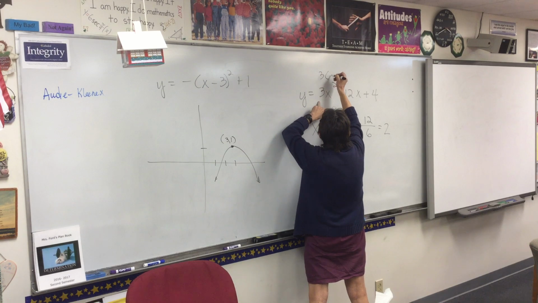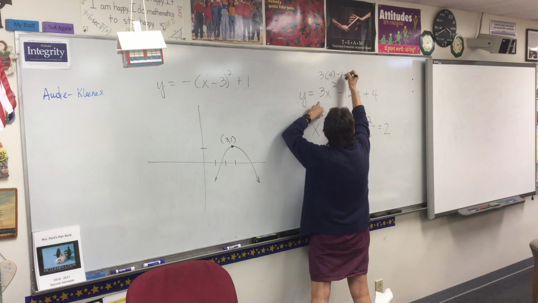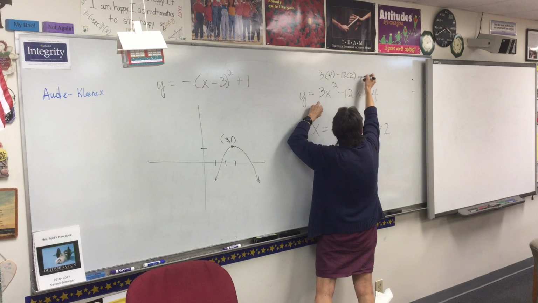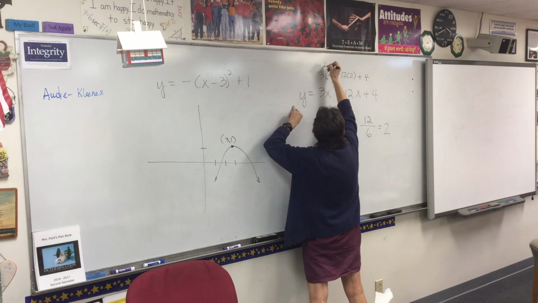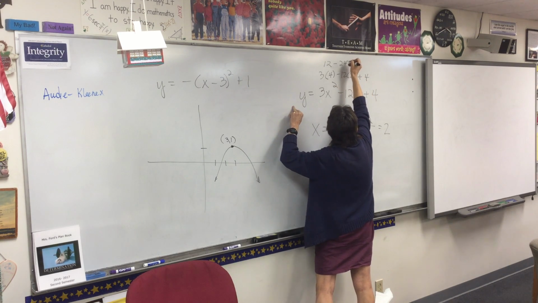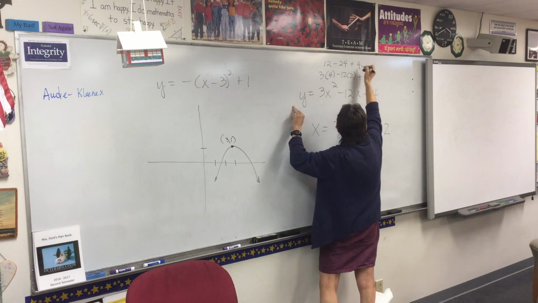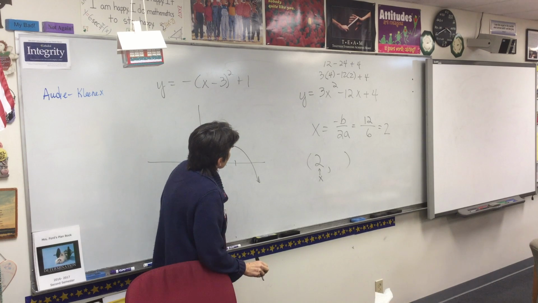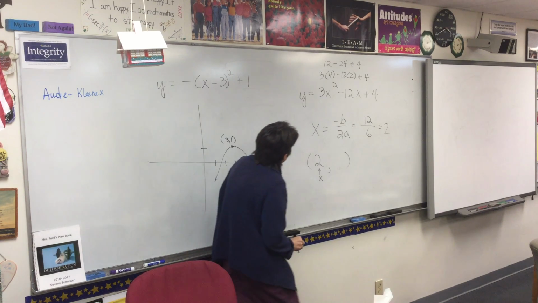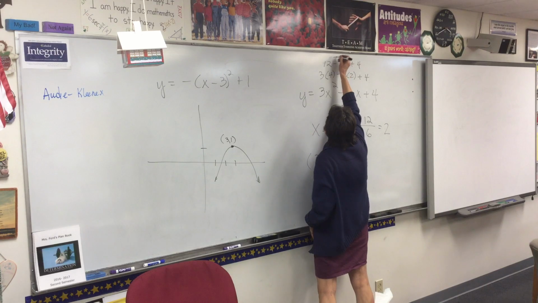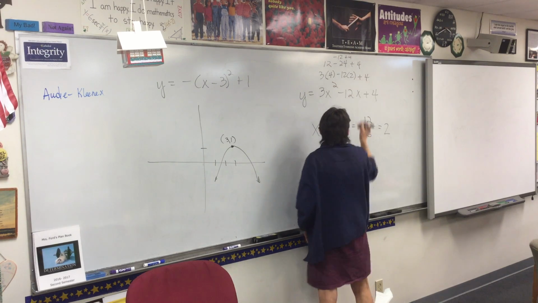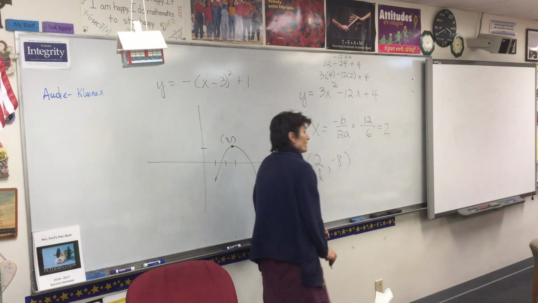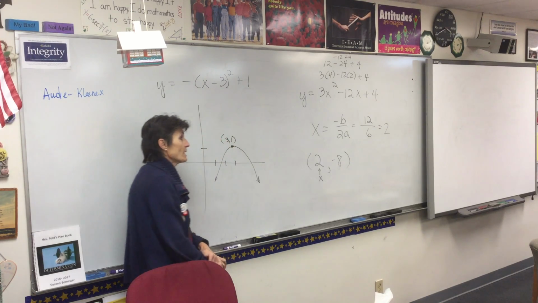So 3 times 4 minus 12 times 2 plus 4. So 12 minus 24 plus 4. Negative 12 plus 4, so that'd be negative 8. So 2, negative 8 is the vertex.